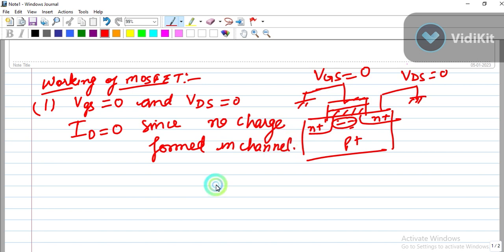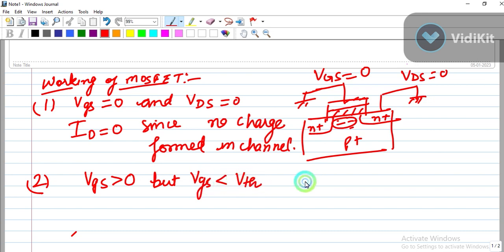Okay. Now the second case we are taking is when VGS is greater than 0 but VGS is less than VTH, and VDS equals 0.